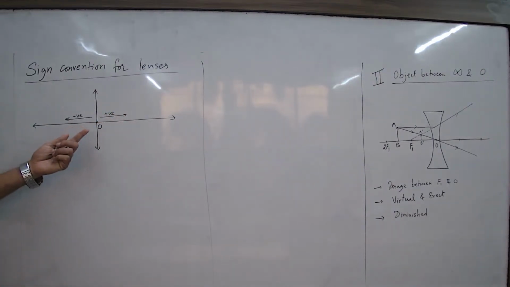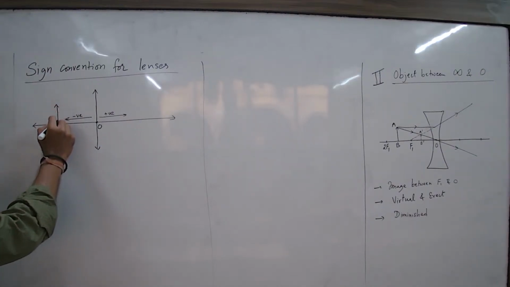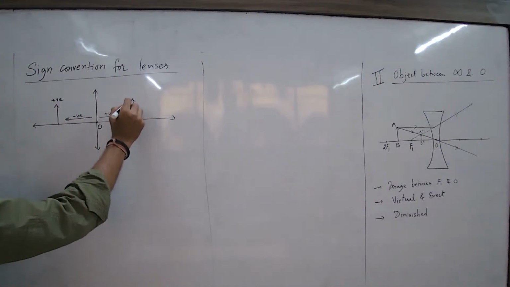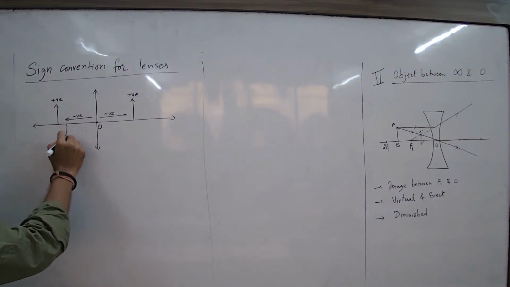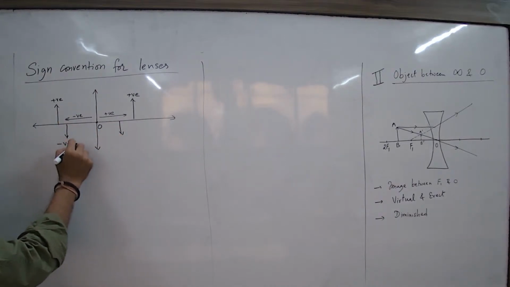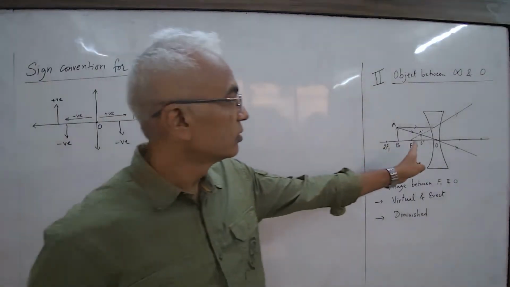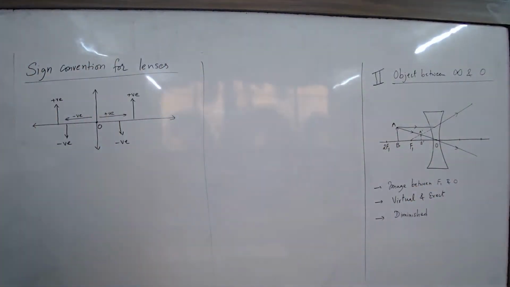All distances have to be measured from optical center, O. Above the principal axis will be positive, so object size, etc. Below the principal axis is negative. This is the sign convention, similar to mirrors. But now, due to the position of the real and virtual image, we'll see what happens.